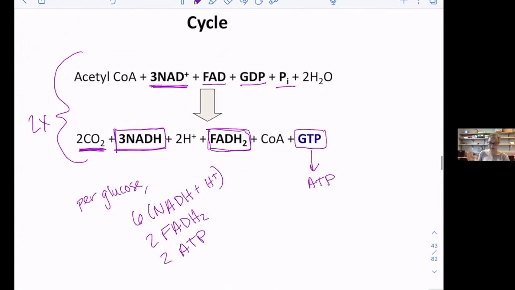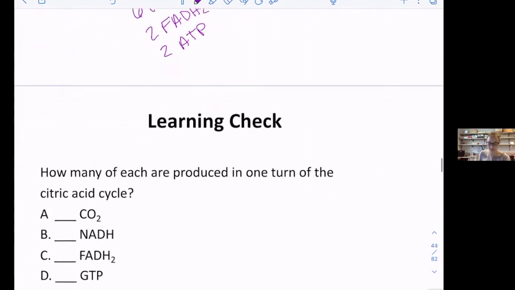So overall, that's the process that we have so far. And then remember, as we talked about those steps, the NADH and FADH2s are going to also be converted to ATP. They produce energy as well.